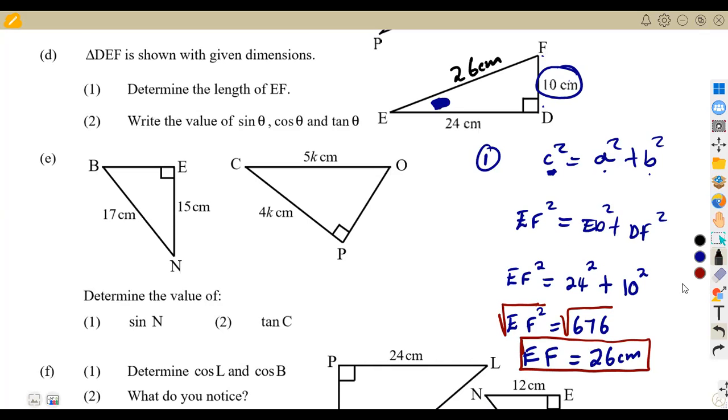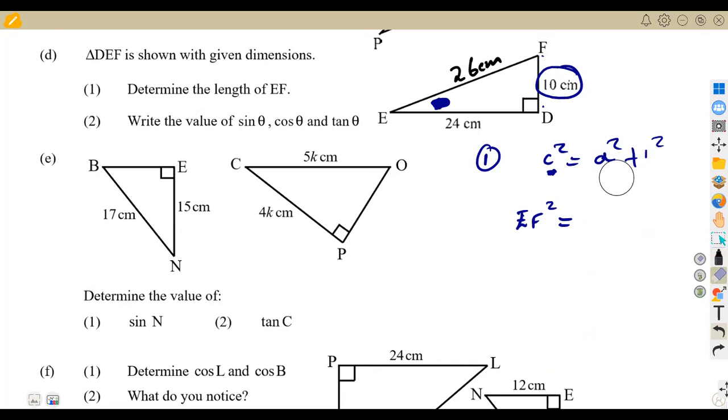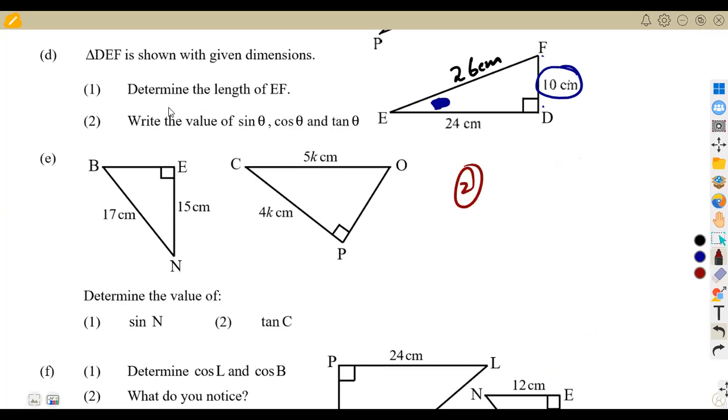All right. So from the value that we calculated using our Pythagoras theorem, now they want us to use the same value to find the ratios sine theta, cos theta, and tan theta. So that's where we apply our theta back. Remember, our sides are named according to theta.